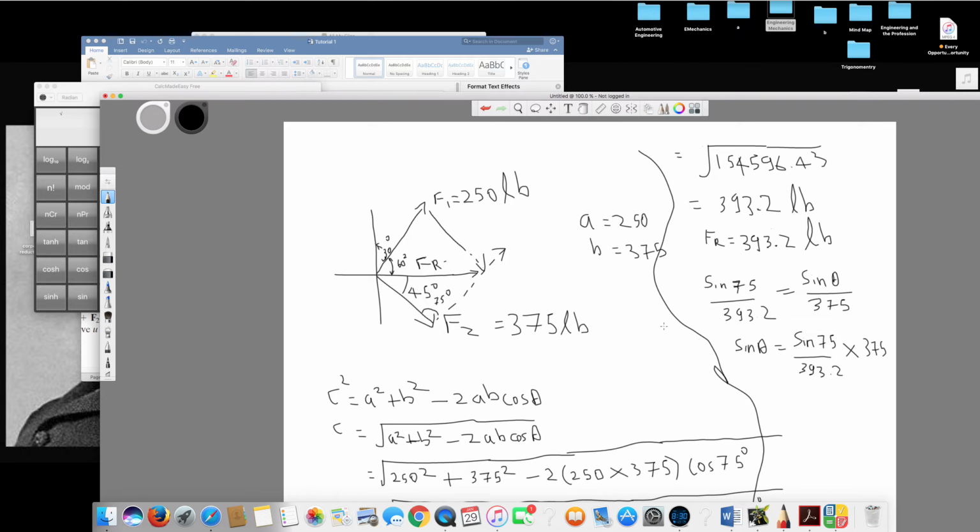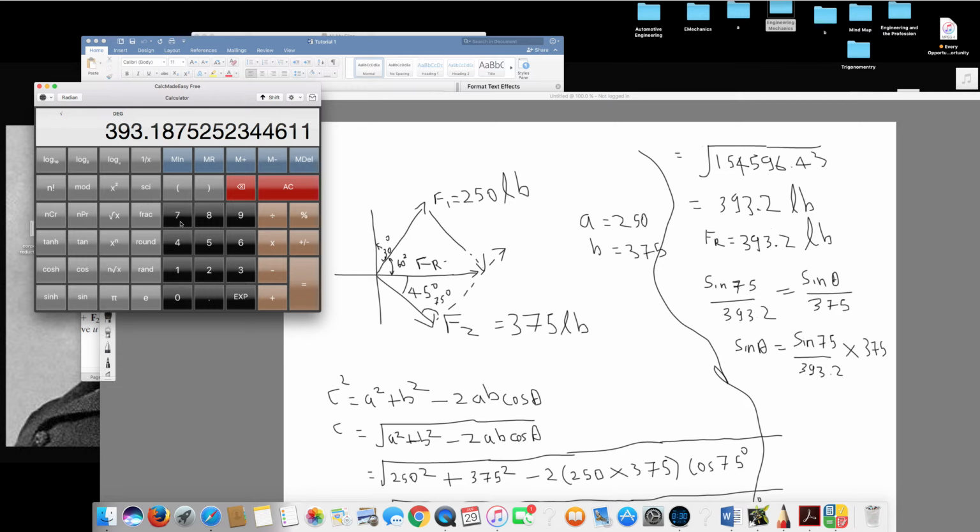And theta is going to be the inverse of that. Let's find this one first. So sine 75 is going to be 0.965. Okay, we are going to multiply this by 375, which equals 362. So I'm going to divide this one by 393.2.